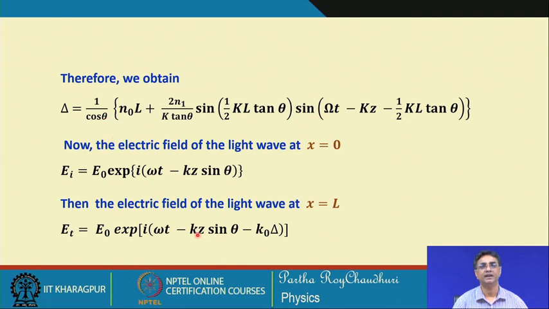So this contains k0 n0 and then z sin theta, and this contains the refractive index delta n as well and the path length. So this delta k0 is the excess of the phase which is coming into play.